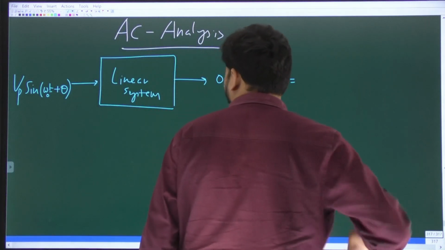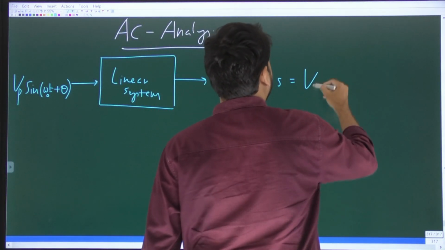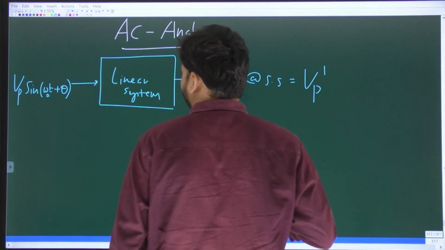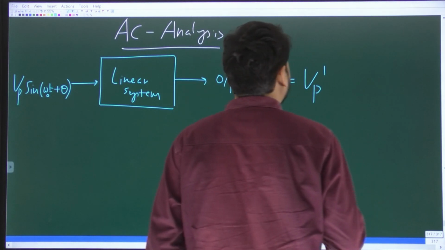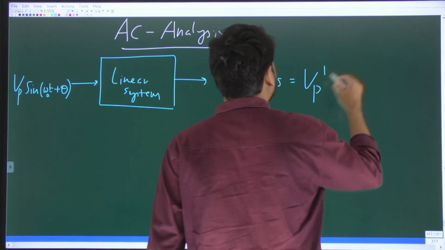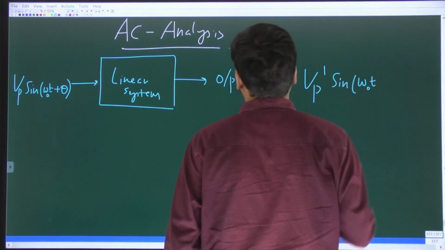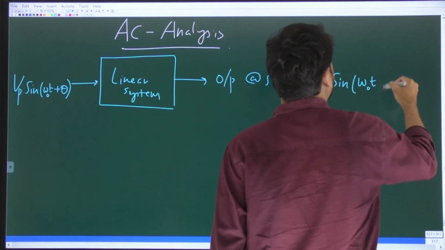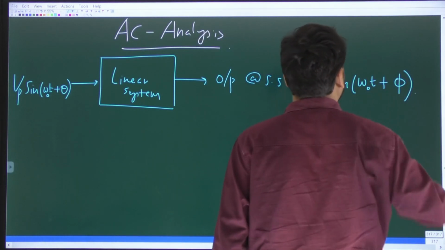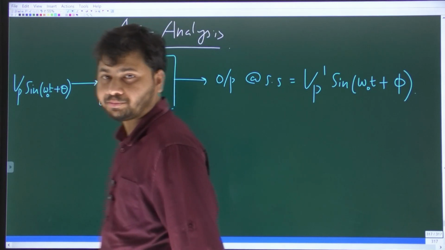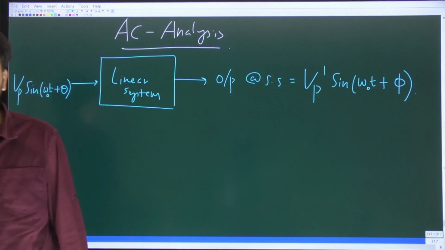So even the output at steady state will be a sinusoid with some amplitude which can be some Vp prime times sine of the same frequency, that is omega naught t plus some other phase angle, let it be phi.